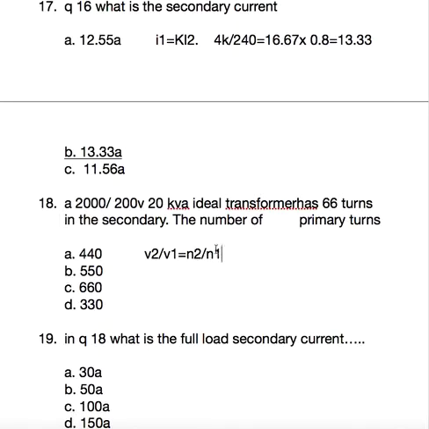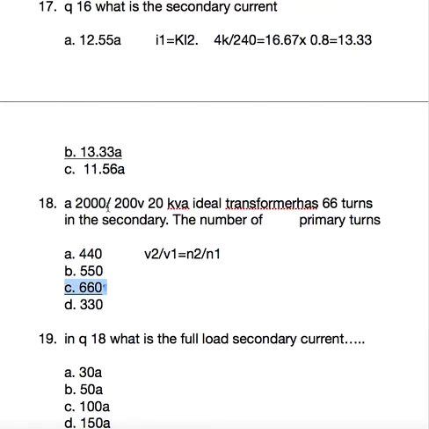When we cross multiply, I am sending N1 to this side, so V2 will come below, and V1 will be multiplied with N2. So N1 is V1 into N2 divided by V2. You can use the calculator if you need it. This is the formula, we only need to cross multiply and we will get the value. So the answer is 660 turns.